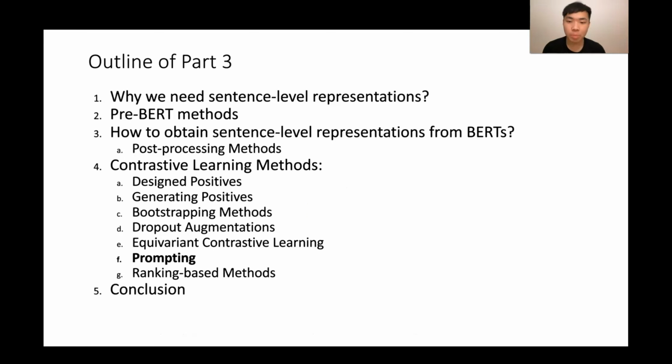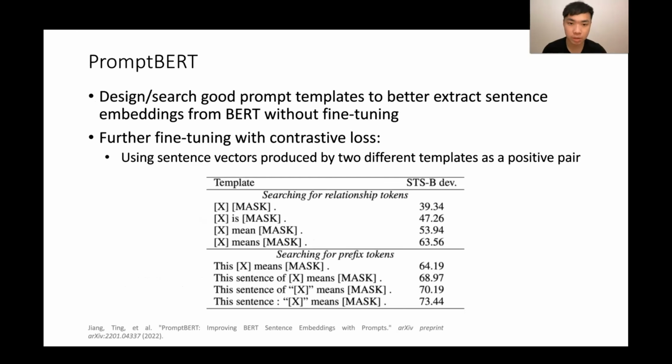Okay, the next paper I'm going to introduce is about using prompting to further improve the performance of SimCSE. In this paper, PromptBERT, they try to design or search for good prompt templates to better extract sentence embeddings from the BERT model, even without fine-tuning. Previously, in the SimCSE paper, they still used the CLS vectors to extract sentence embeddings.